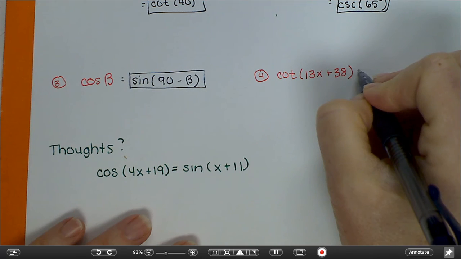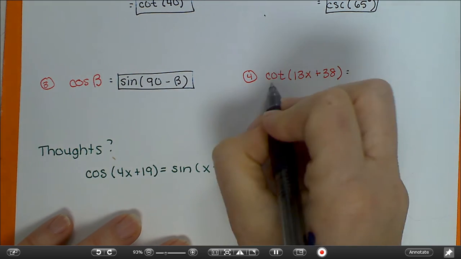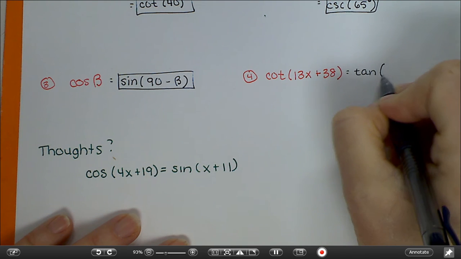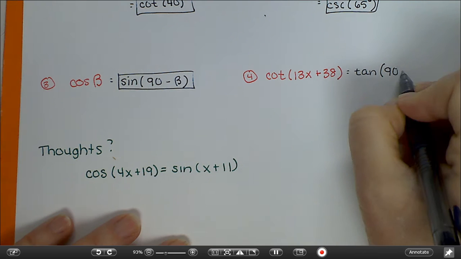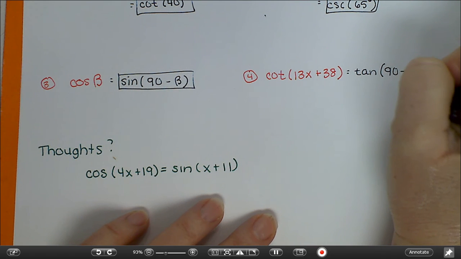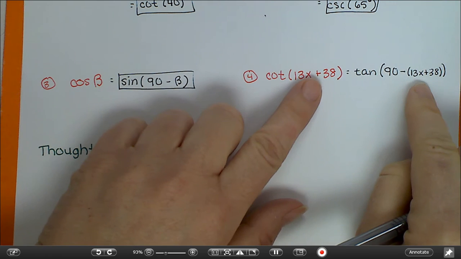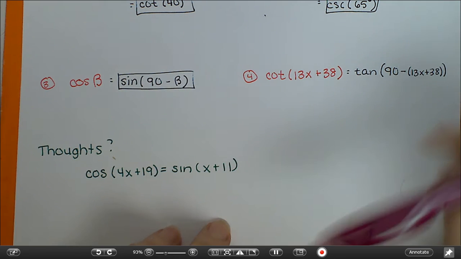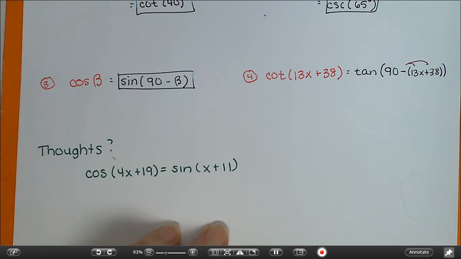And similarly, just something to be super aware of, cotangent's cofunction is tangent, and we need to find its complement, 90 minus, and then be careful. Make sure that you put the expression that we have in place of the angle in parentheses because we're going to need to distribute that negative.